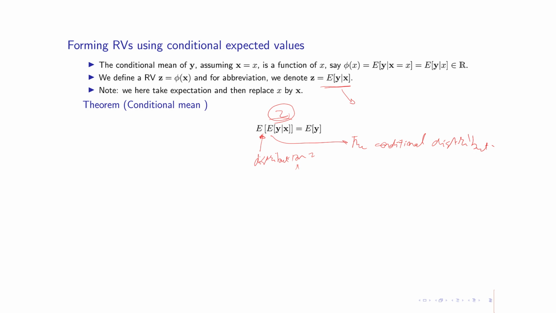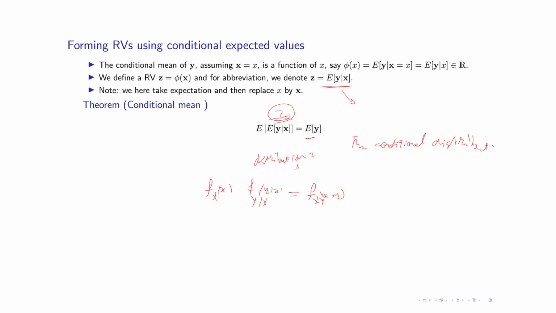So this theorem says that the mean of the conditional mean, where the outer mean is over the distribution of X and the inner one is the expectation over the conditional distribution, is equal to the unconditional mean. This theorem stems from the fact that the joint distribution f_{XY}(x, y) is equal to f_X(x) times f_{Y|X}(y | x).